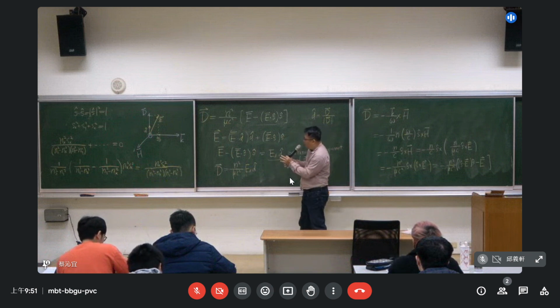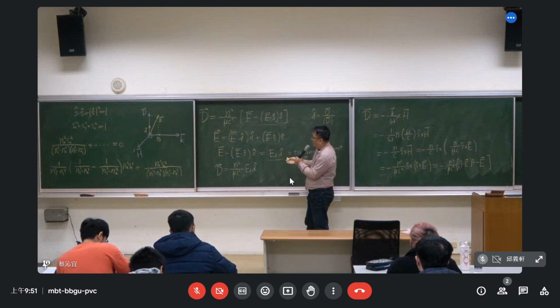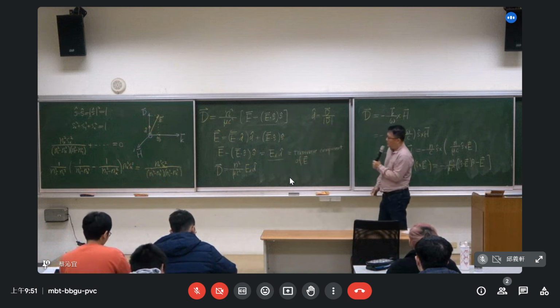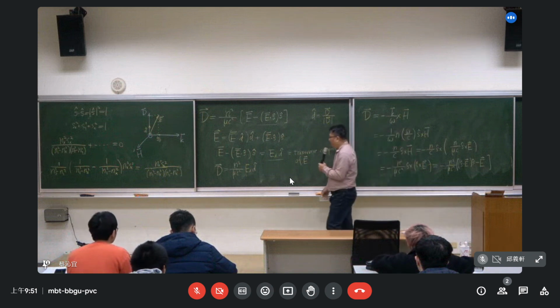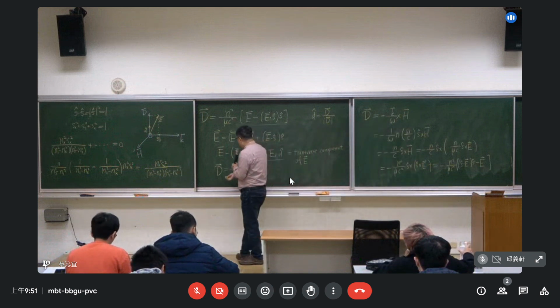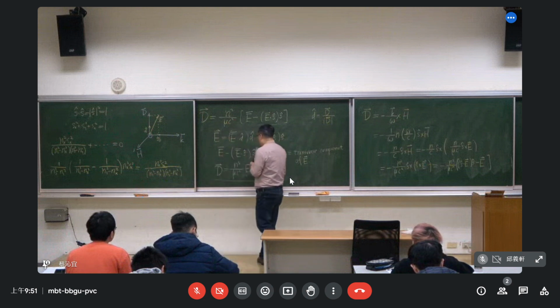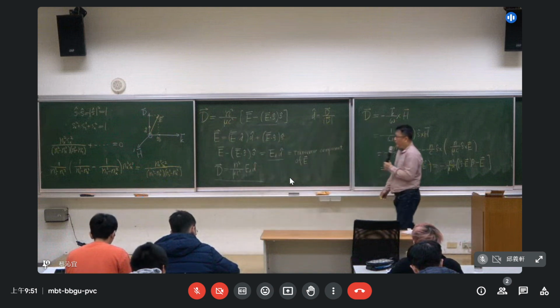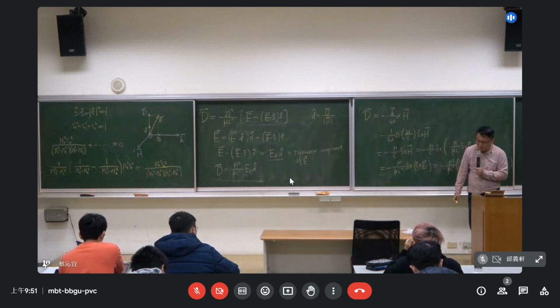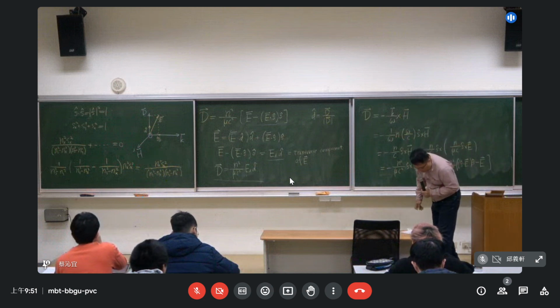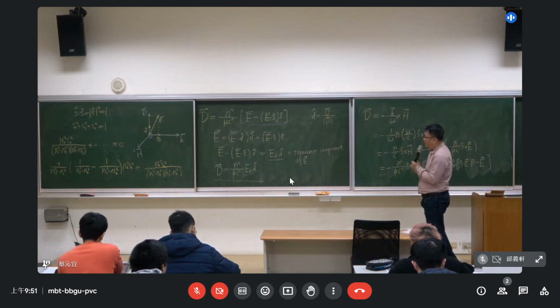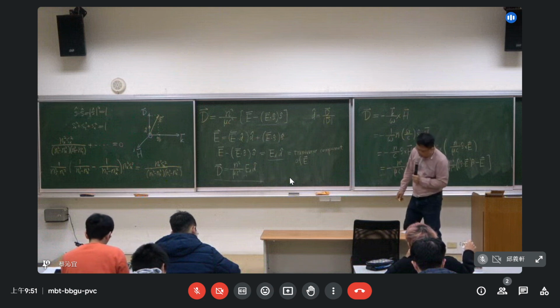This part is perpendicular to the S vector or the K vector. Now we have this relation: D is n squared over mu C squared times the transverse component of the E vector.